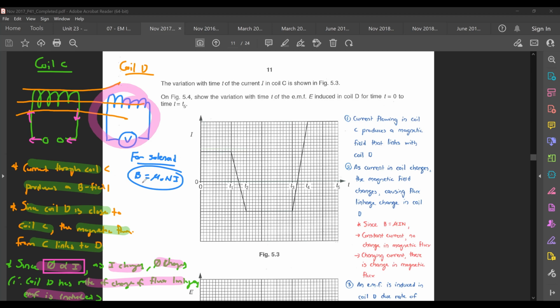So we know that the magnetic flux density of a solenoid was B equals to mu naught Ni. If your mu naught and N are constant, that would have meant that flux density is proportional to current. This is the first relation.